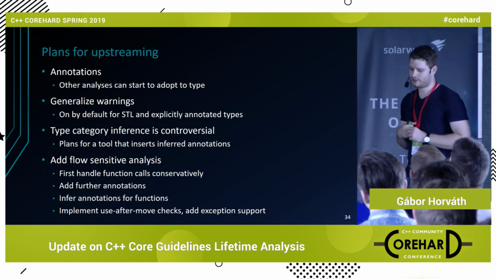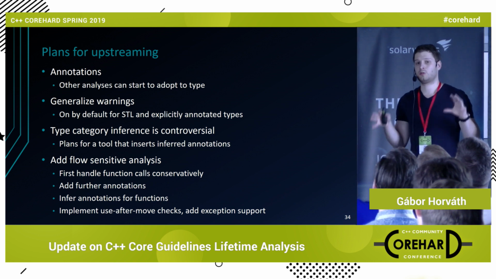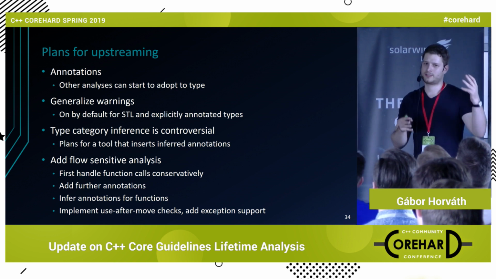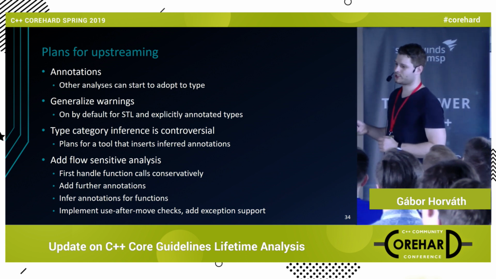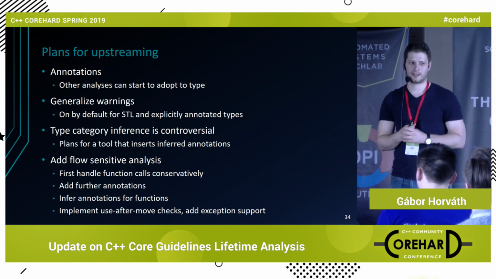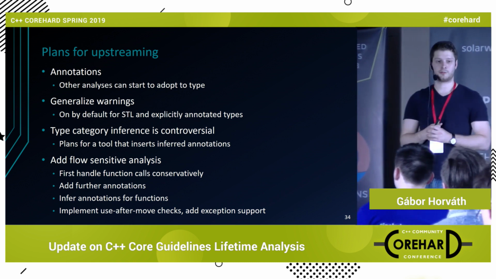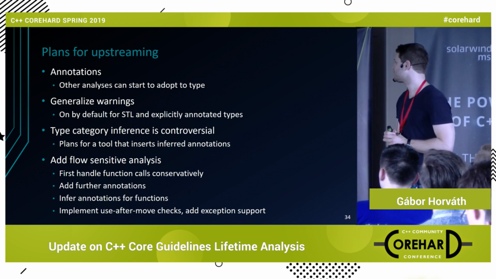According to their argument, we only need to annotate very few types, like the standard template library types, a few library types like Boost, because application code rarely introduces its own containers and things like that. So the annotation burden is probably not that high, and it is more precise to have the annotations.